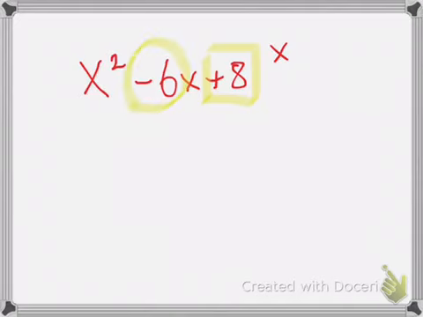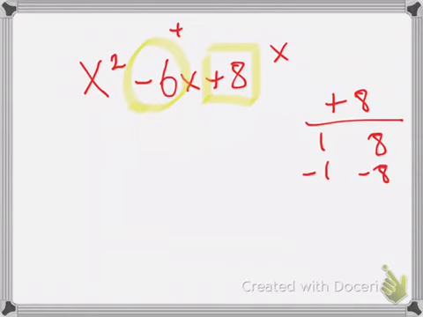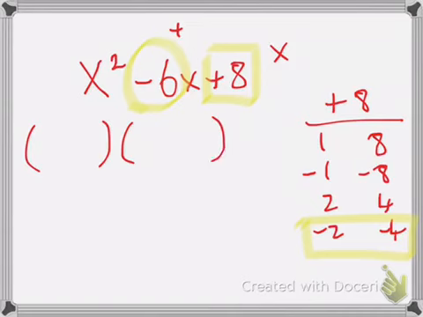And adds to give you minus 6. Okay, sign before it's minus 6. So the numbers that multiply to give you plus 8: 1 and 8, minus 1 and minus 8, 2 and 4, minus 2 and minus 4. And which one adds to give you minus 6? Well, it has to be the minus 2 and minus 4. So open your brackets, x minus 2 and x minus 4.